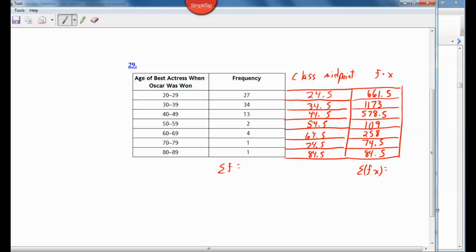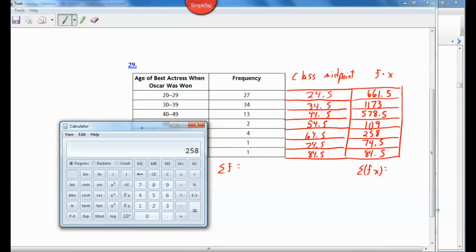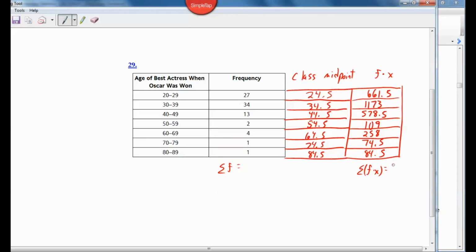Alright, now we want to add all of that together. So 74.5 plus 84.5 plus 109 plus 578.5 plus 1173 plus 661.5. Alright, so I got 2939.